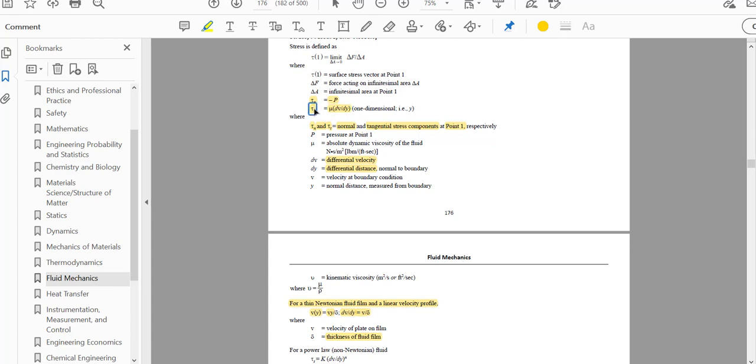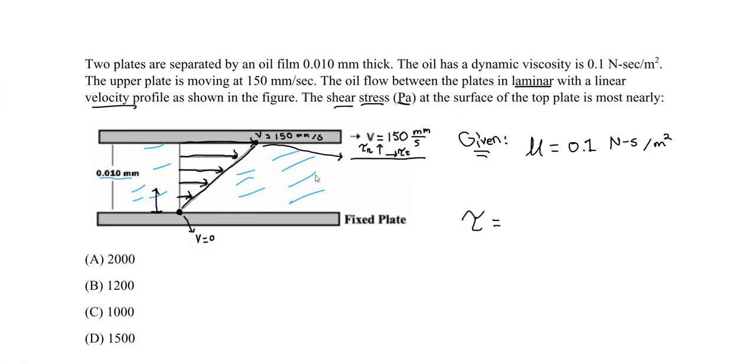So we just take our shear stress equals our dynamic viscosity times the velocity gradient. The velocity gradient, you can think of it as the same as the slope. It's the slope of the line at any point. And when we have a linear velocity profile, the shear stress is going to be the same at any point. The velocity varies, but the shear stress does not change. So that's an important observation as well. We take the shear stress to be mu times dv divided by dy.